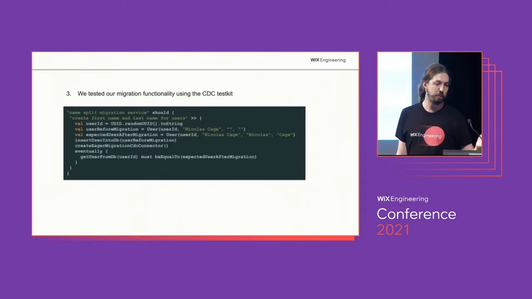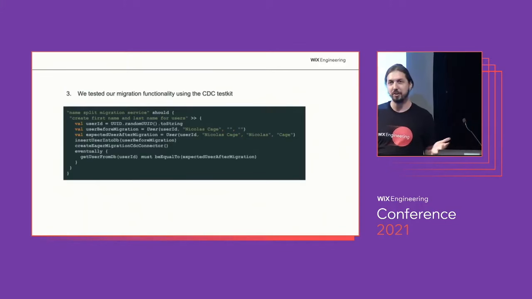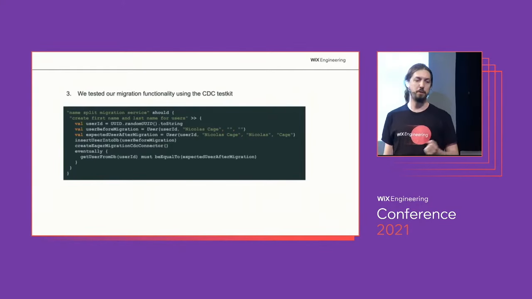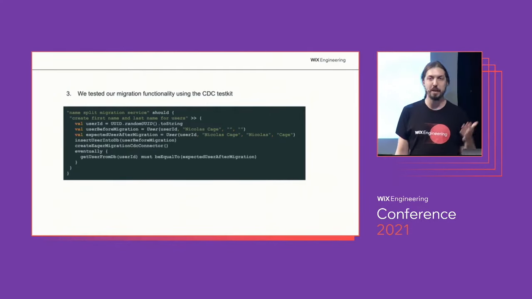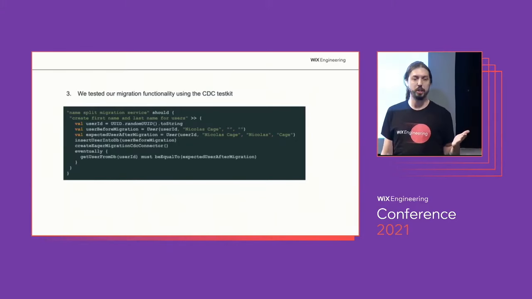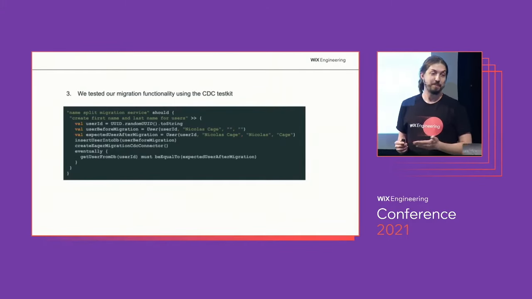You see this method of create connector or create eager migration connector. In the background there is the entire flow: there is a Kafka, there is MySQL, there is a connector. Everything happens for you in the test. And eventually, because it's asynchronous, you expect it to be the user. And that's the test. That's very simple.